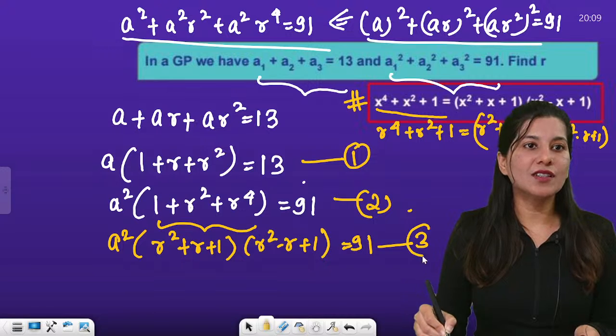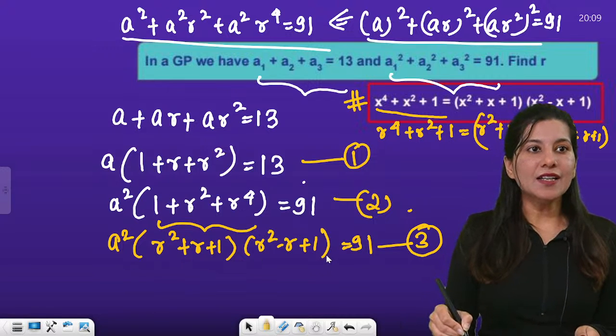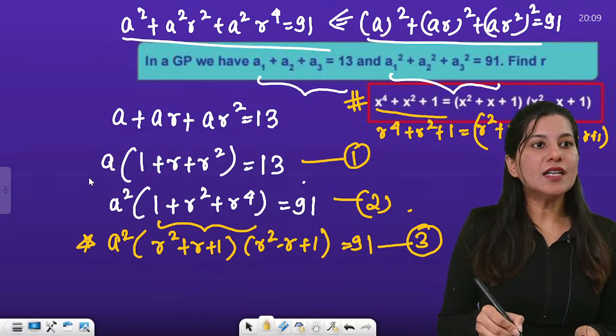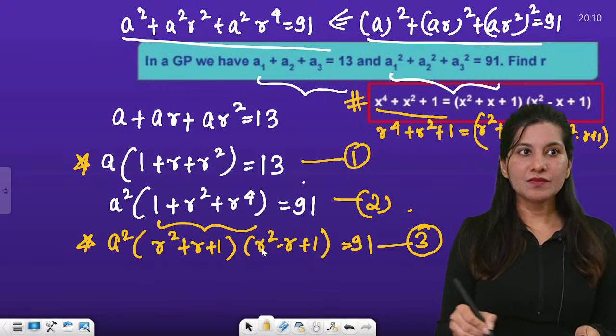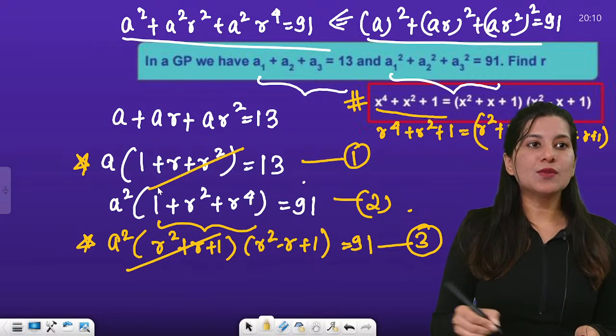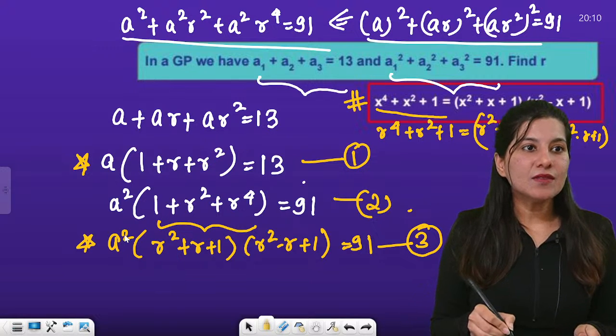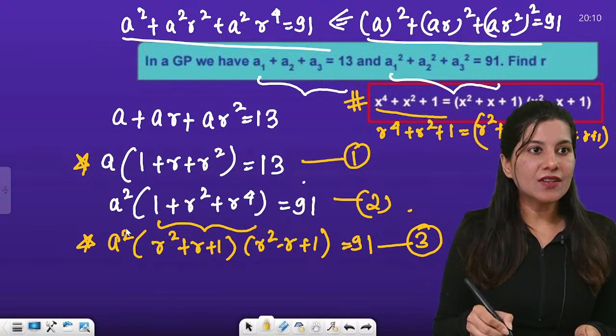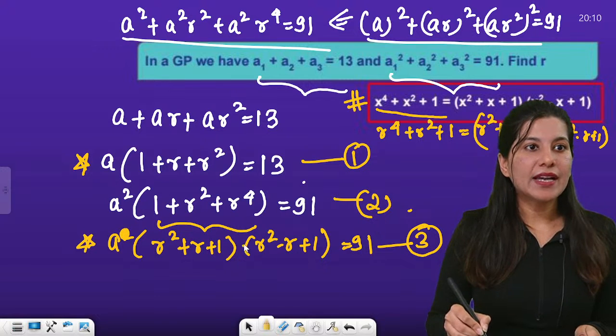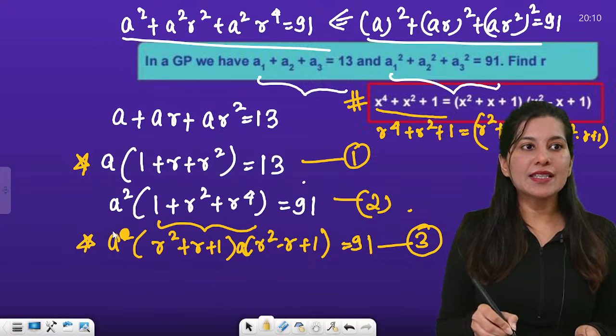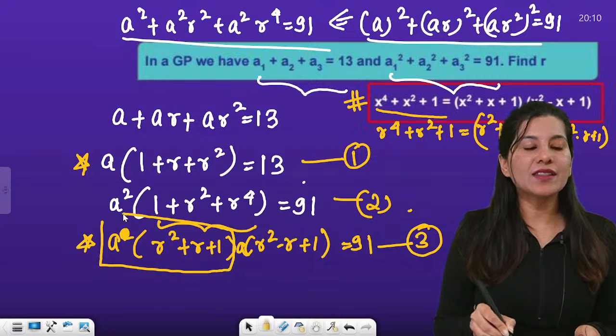This is your third equation. Now can you see clearly, the moment I divide third by first, these two quantities will get cancelled out. Or what I can do is directly write A square as A multiplied by A, and replace one A by 13.